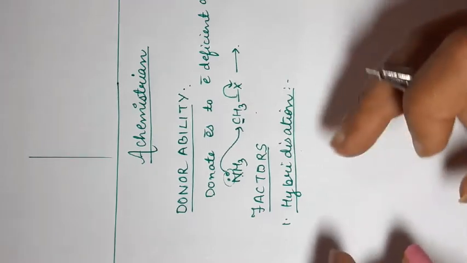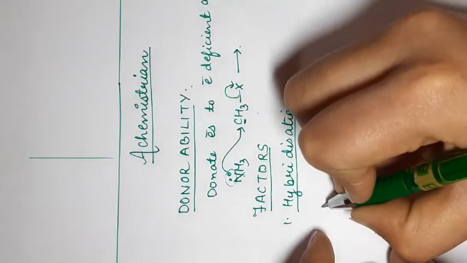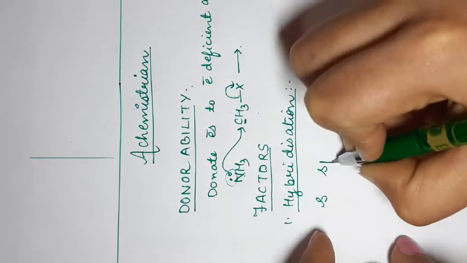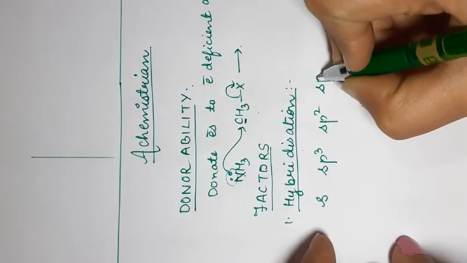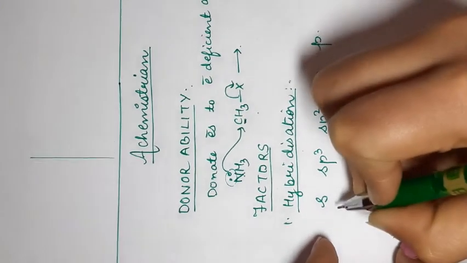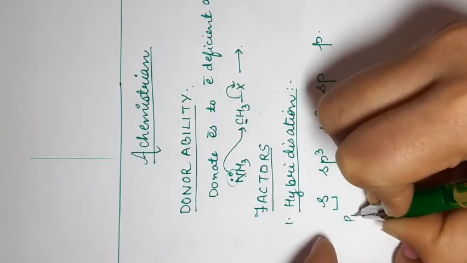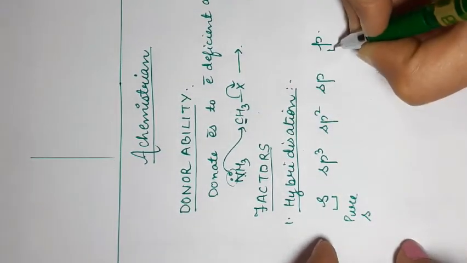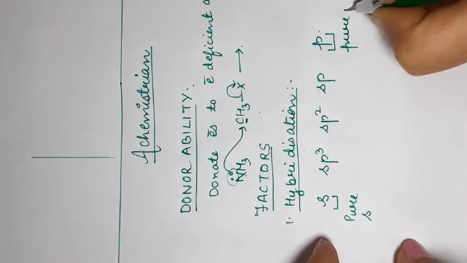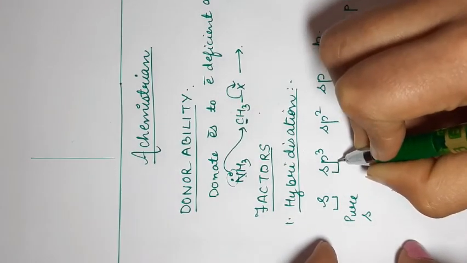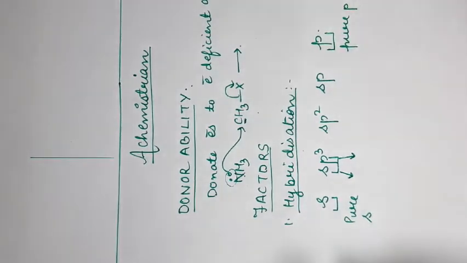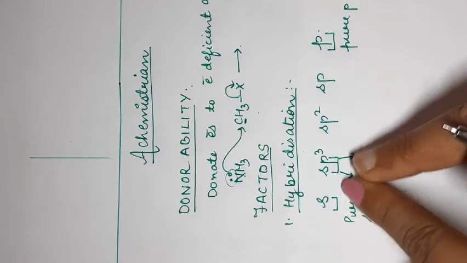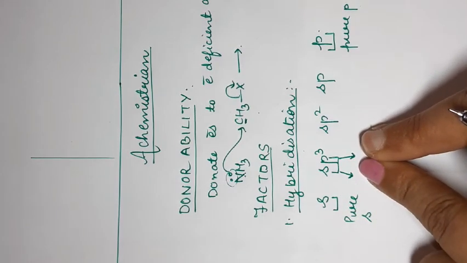Okay. Now in hybridization, we already know that hybridization is like this. This s represents pure s orbital, p represents pure p orbital, and this sp3 means if we divide an orbital into 100 portions, one portion is for s orbital and three portions are for p.